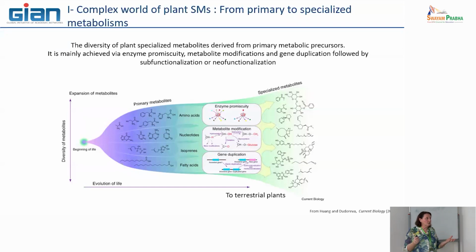So you never know exactly which is the good enzyme able to produce one particular step of your metabolic pathway. Okay? Is it clear for all of you?